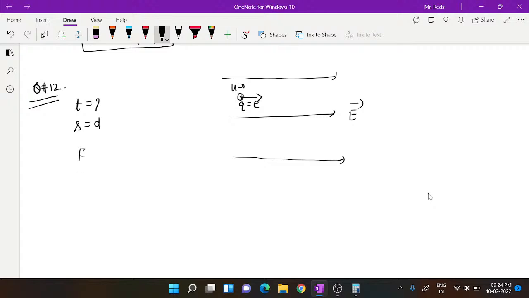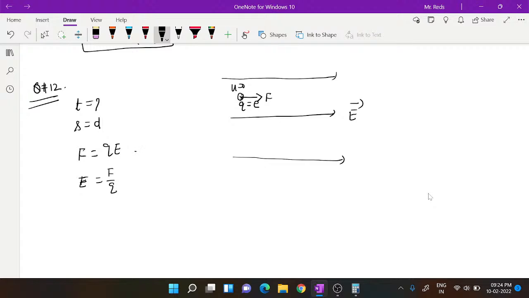From the definition of electric field we have discussed that E is equal to F by Q, force per unit charge. So F is equal to QE. That means if you keep a charge Q in an electric field E, a force of Q into E will act on it. So the force acting on this is QE.